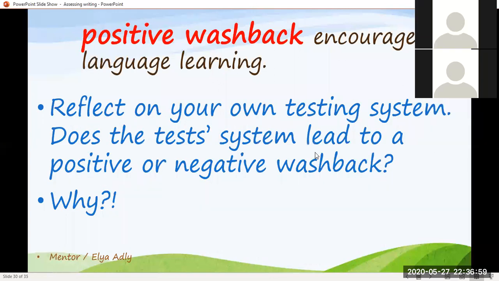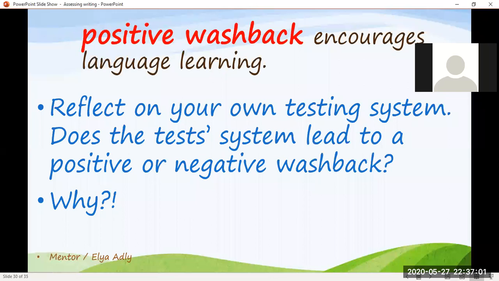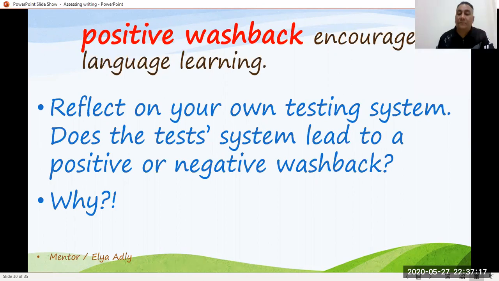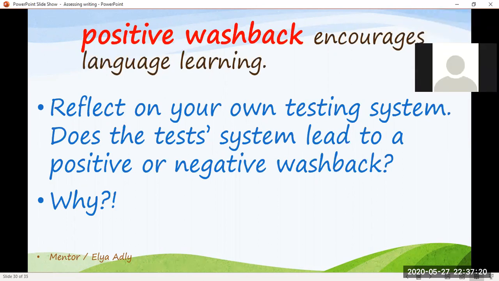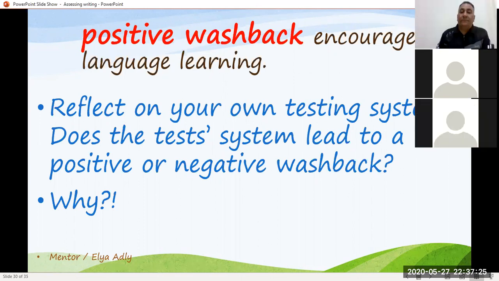Okay, so now reflect on your own testing system. Does the test system lead to a positive or negative washback and why? Think with me and tell me. Okay, reflect means brainstorm with me, think with me.